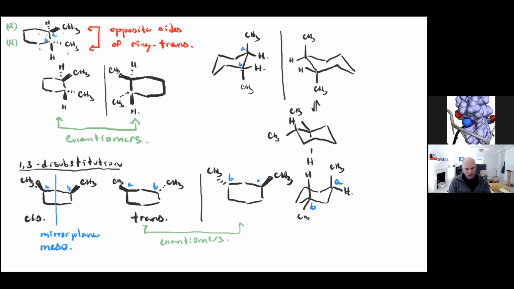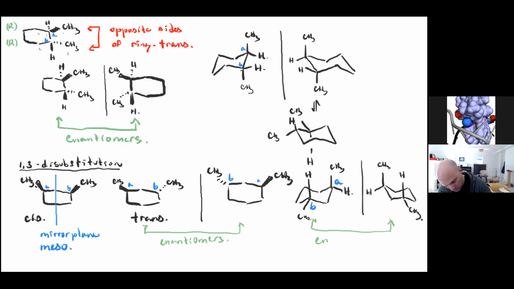I can draw a mirror image. Okay, and you can try and overlay that mirror image, but you will not be able to. So if you rotate the molecule on the right by 180 degrees and attempt to get that on top, the methyl group that's in the equatorial position won't line up. And so this confirms at least that these are in fact enantiomers.